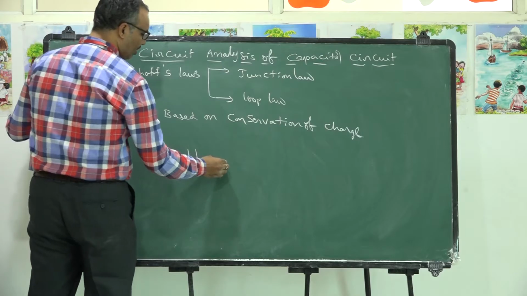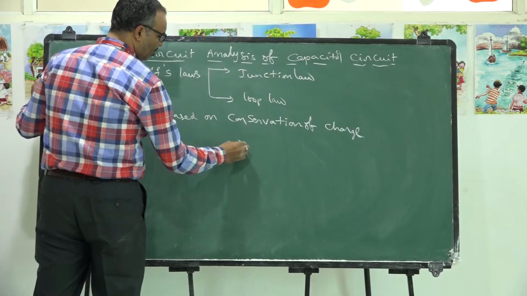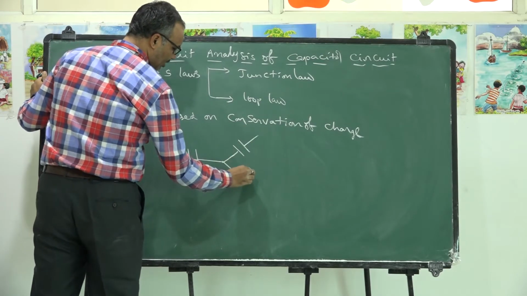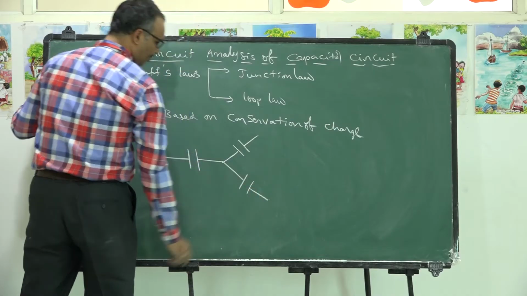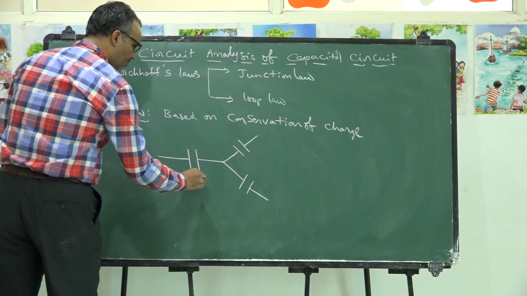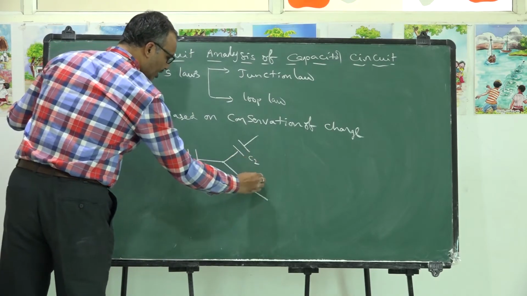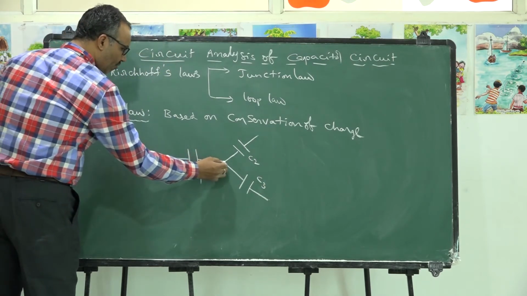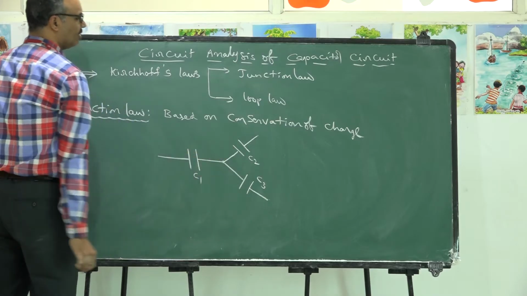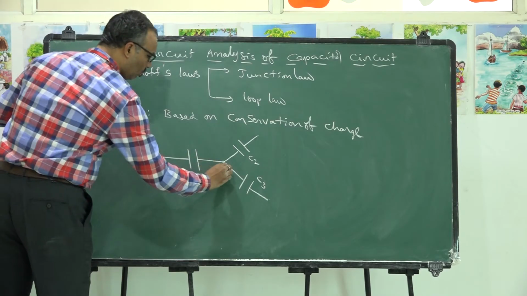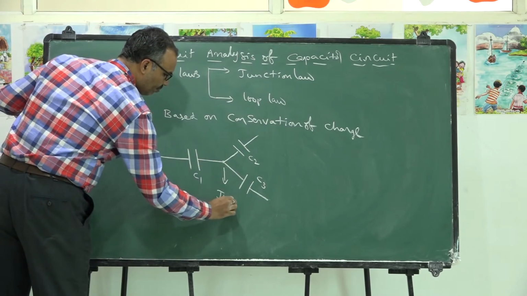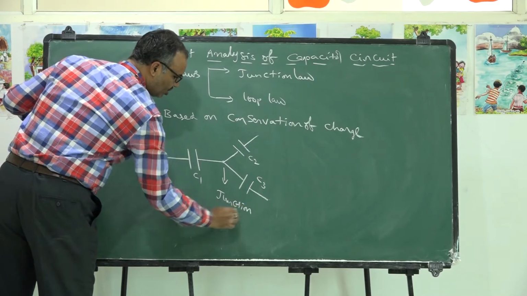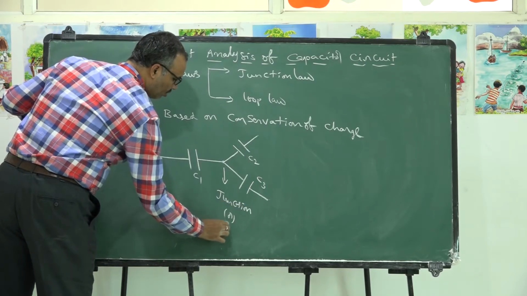It is attached with two other capacitors like this. Let its capacitance be C1, let its capacitance be C2, let its capacitance be C3. Here this meeting point of wires or conductors is called junction or node.